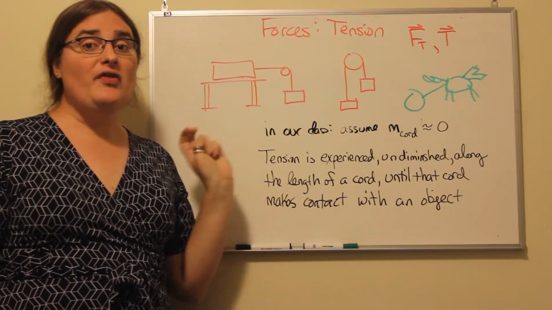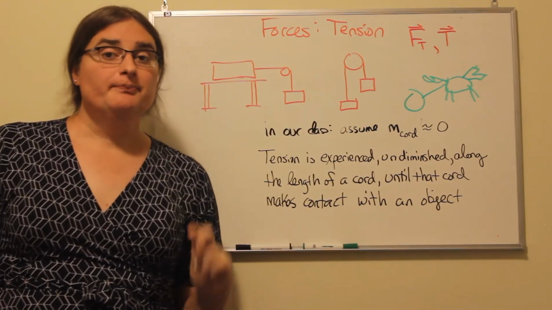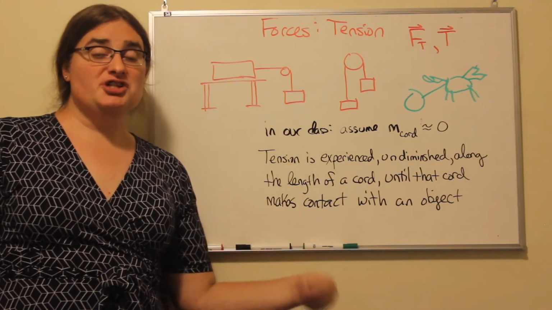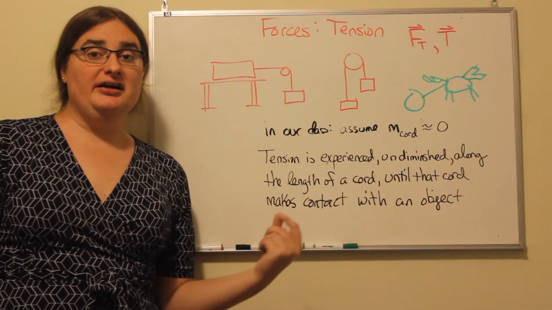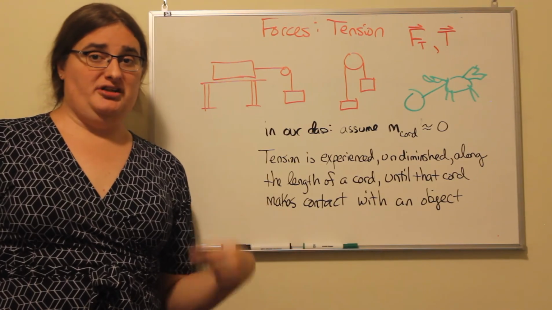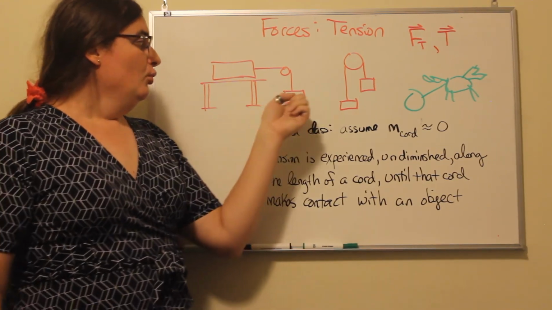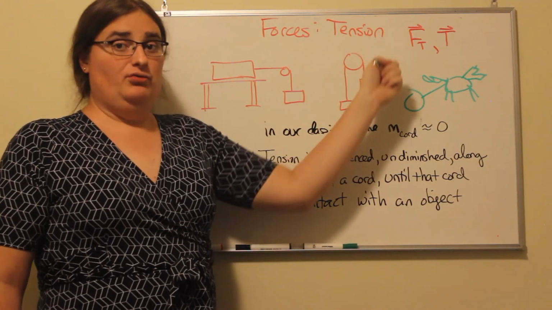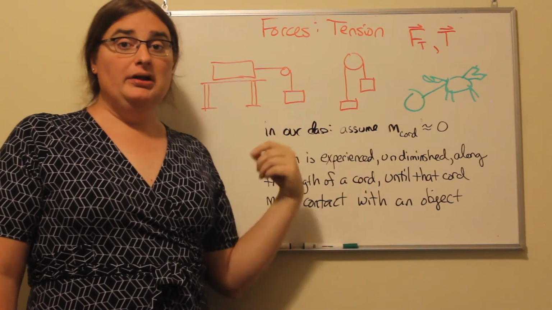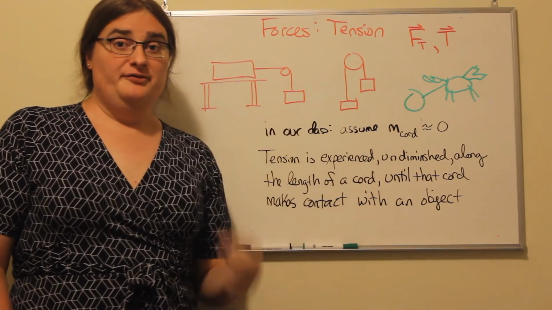And in the real world, that is absolutely the case. But for the first several chapters, until we get into talking about rotational motion and rotational inertia, we'll assume that the tension remains constant all along the entirety of that rope.